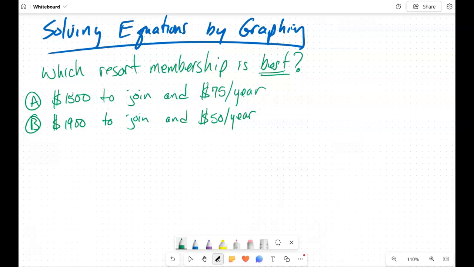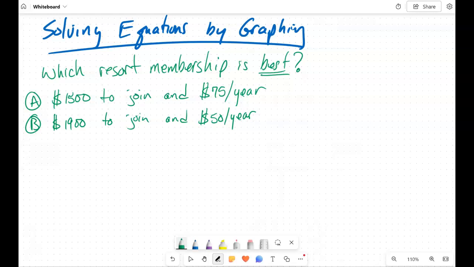Now, obviously, if you look at this, initially you may say option A is better because it costs $1,500 up front versus the $1,900 up front for option B. But if we go with option A, notice that it's going to cost us more per year. So it's a little bit less obvious to answer which membership is best.